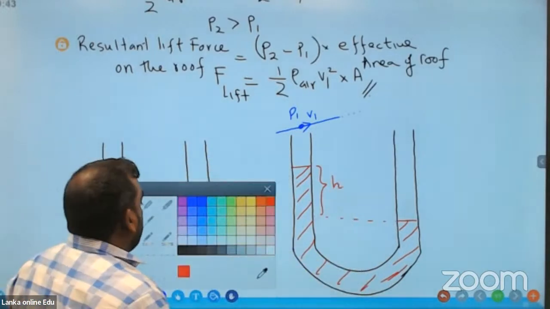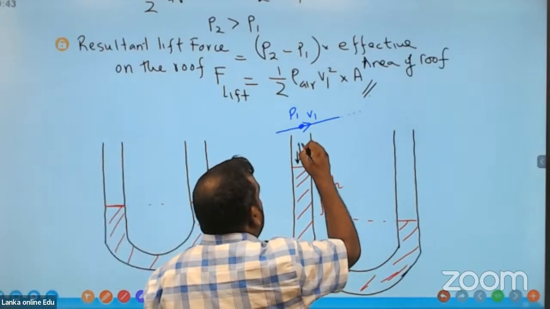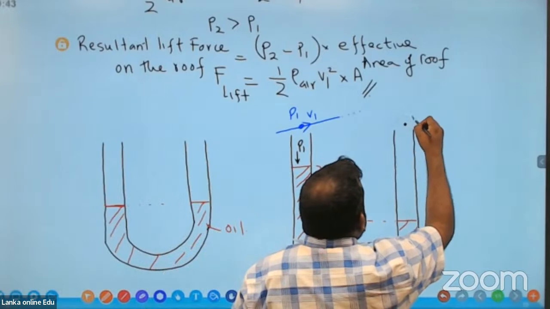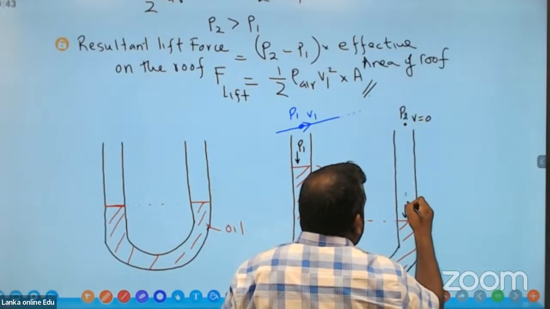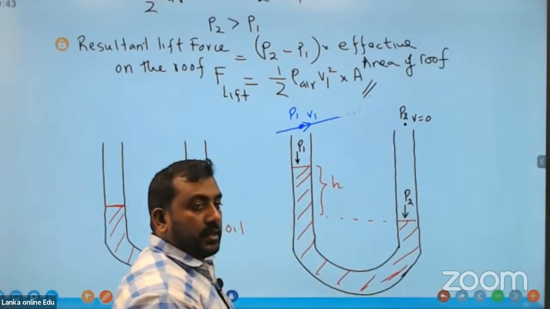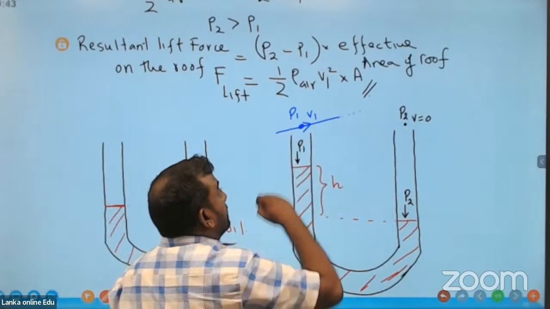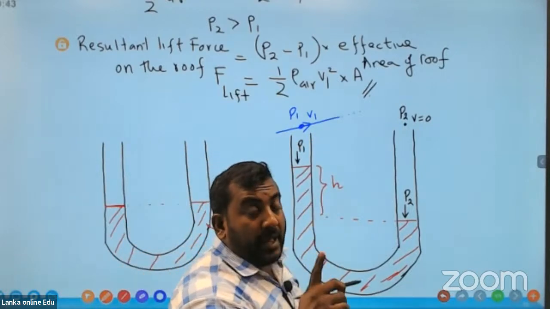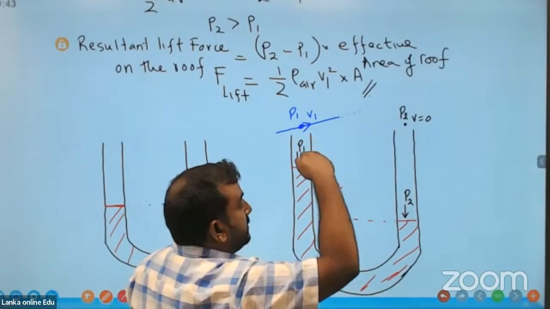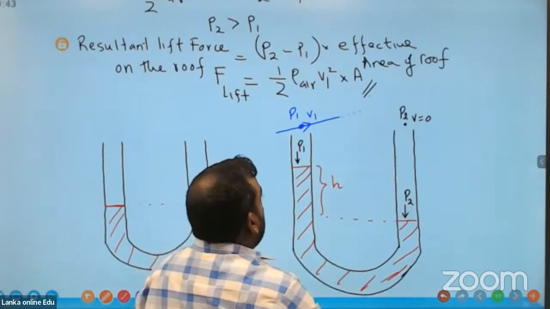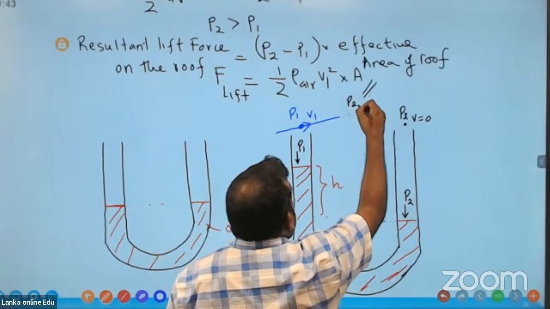Now please be careful. Here you have pressure P1 acting. Here velocity is 0. There is pressure P2 acting here. You have to apply Bernoulli along a single streamline. Remember, air is going over this, not above that. So somewhere along the streamline at the same height from the ground, you have P2 and velocity 0.